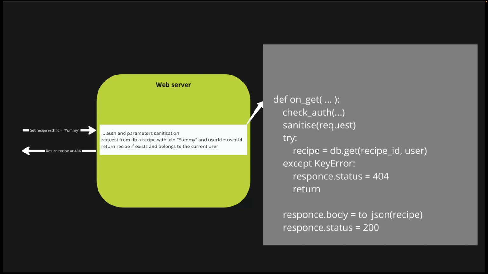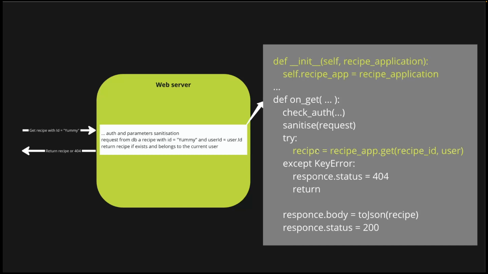An alternative, which is where the foundation of hexagonal architecture comes from, is to do something different. Instead of directly having application logic in this onGet, we can have an interface. We can call it something like a receive application interface.